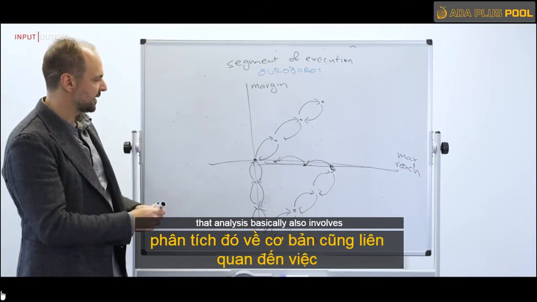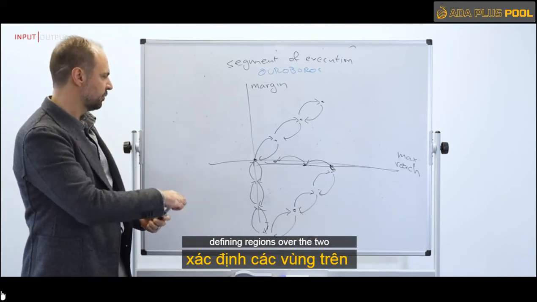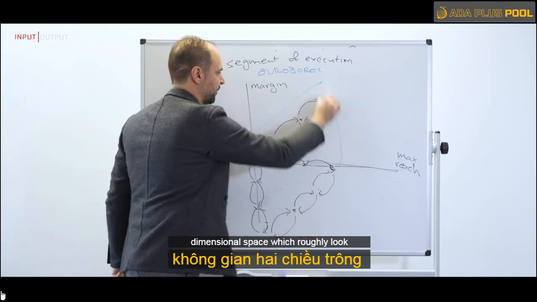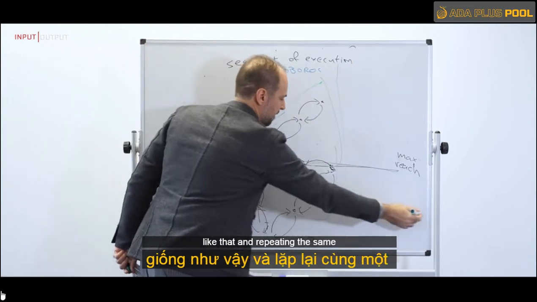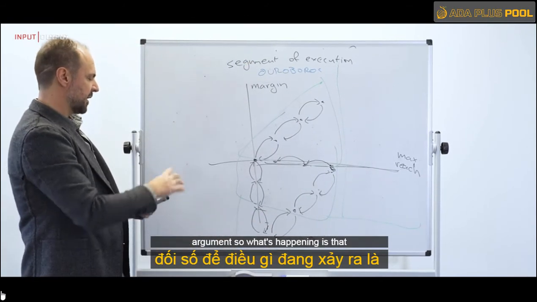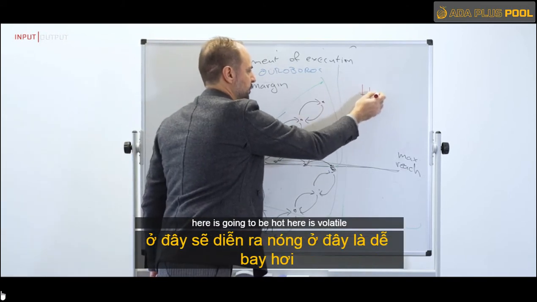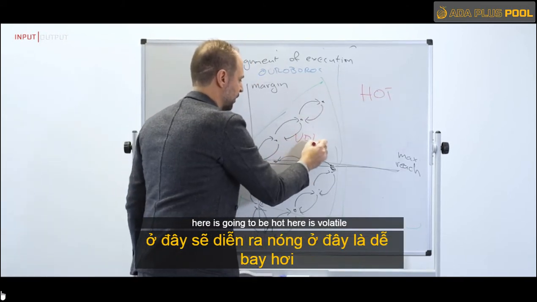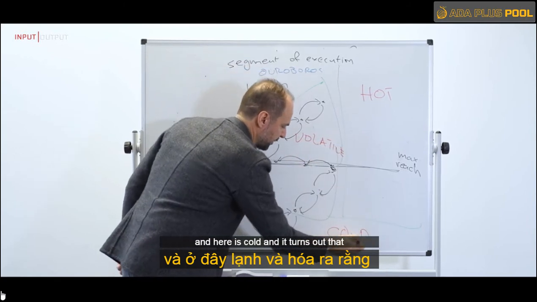And that analysis basically also involves defining regions over the two-dimensional space, which roughly look like that, and repeating the same argument. So here is going to be hot, here is volatile, and here is cold.